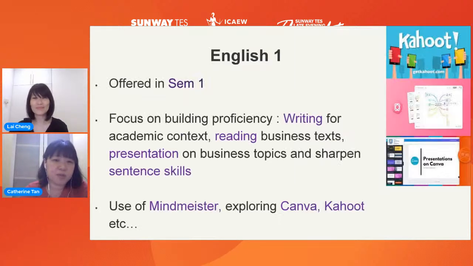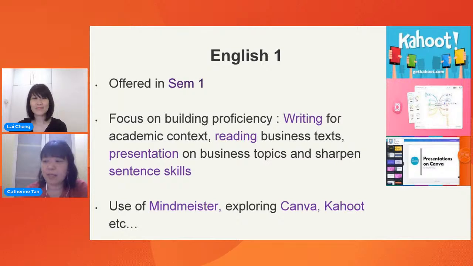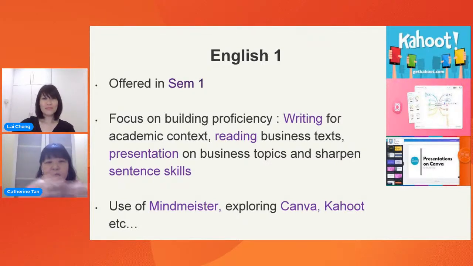Let's move on to English 1. English 1 is offered in semester 1, and it is an English for general academic purposes paper. Most people will wonder why another English language paper when you have done the English components in high school. That's because we need to relearn English for academic and occupational settings.